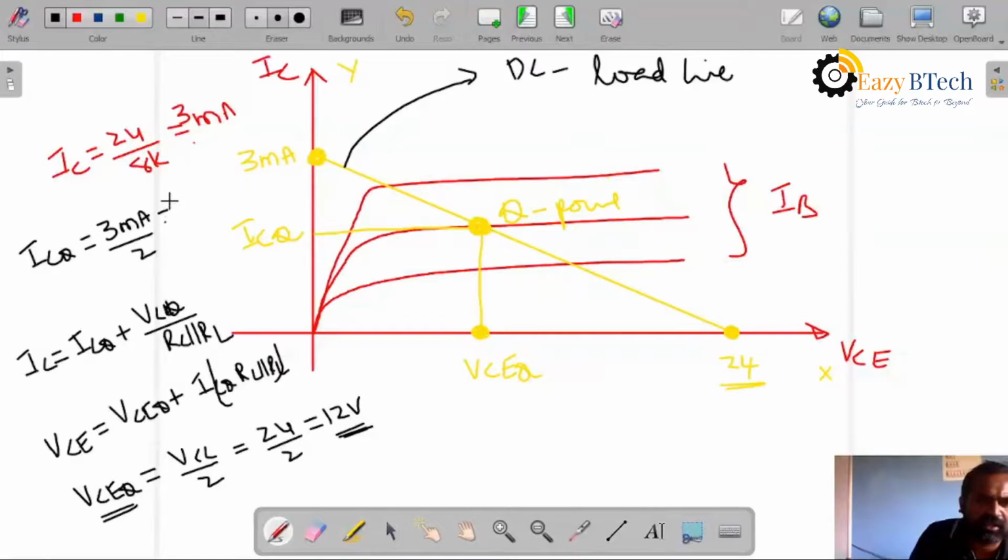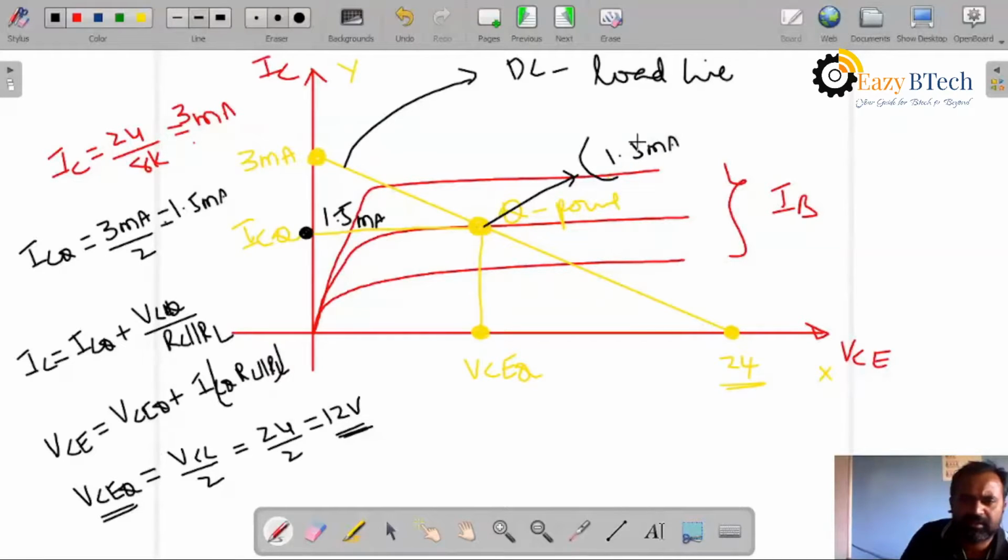You will get 1.5 milliampere. Okay, students. Now this value is divided by 2, that is 1.5 milliampere. This Q point value is 1.5 milliampere, comma 12 volts.